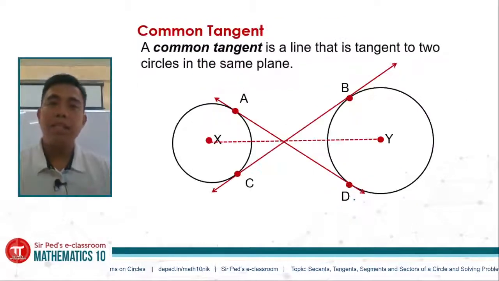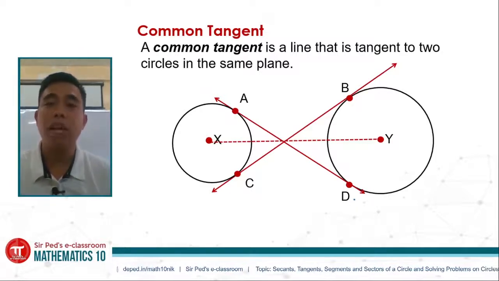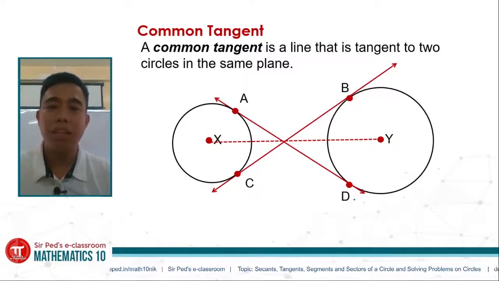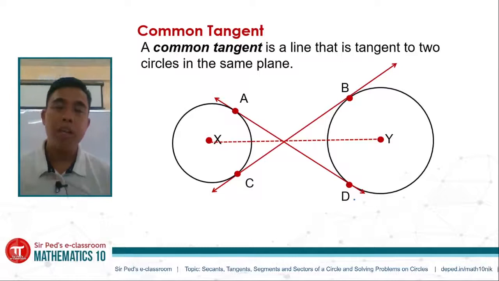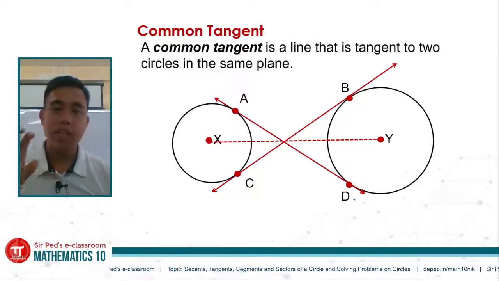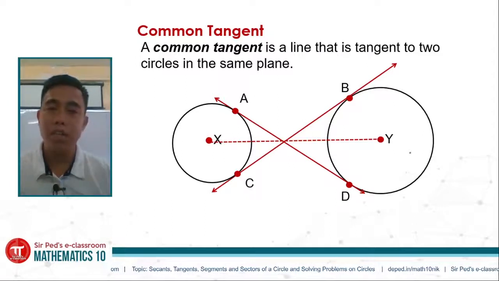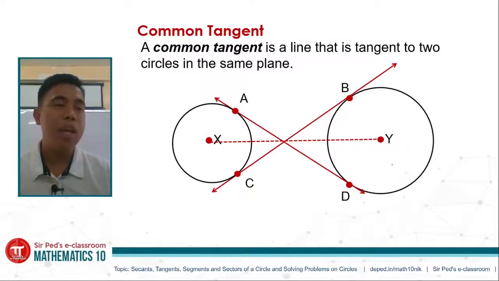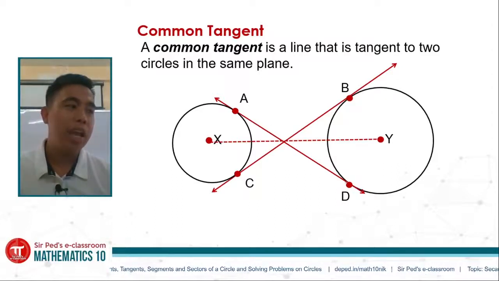Now, let's discuss common tangent. So let us define what a common tangent is. A common tangent is a line that is tangent to 2 circles in the same plane. So consider a circle, let's name it circle X, and another circle, circle Y, and we have a tangent line, line AD.